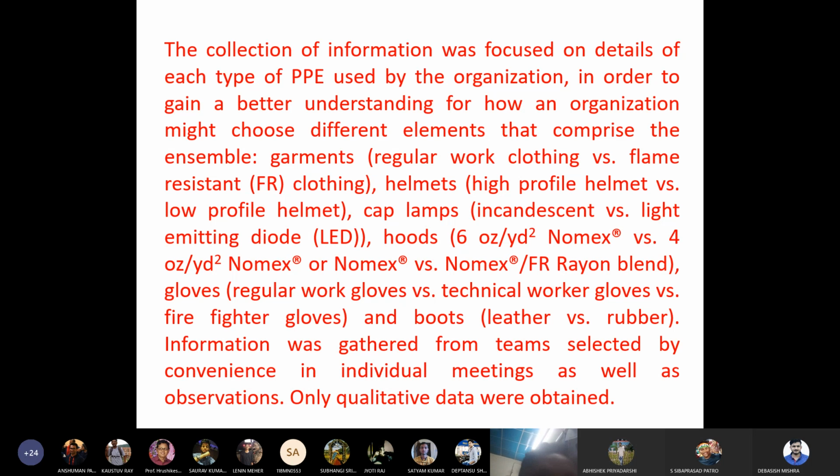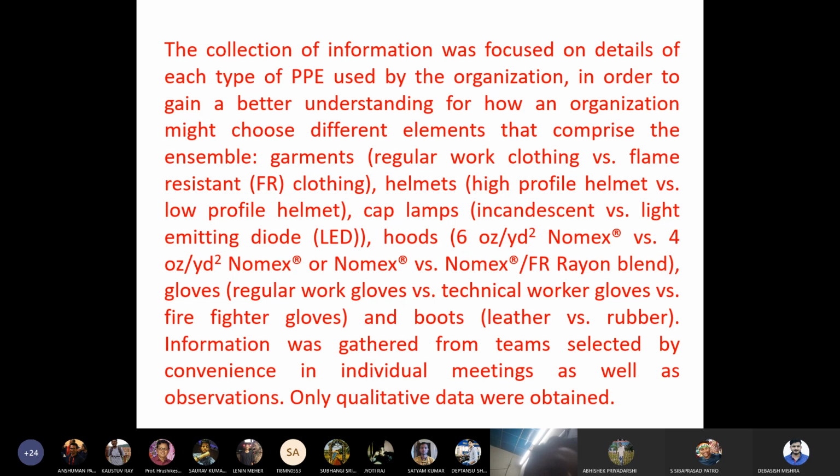Then hoods, then hand gloves: regular work gloves or technical worker gloves versus firefighter gloves. Different types of gloves are there. And gumboots, whether leather made or rubber made. All this information was gathered from the teams selected by convenience in individual meetings as well as observation.